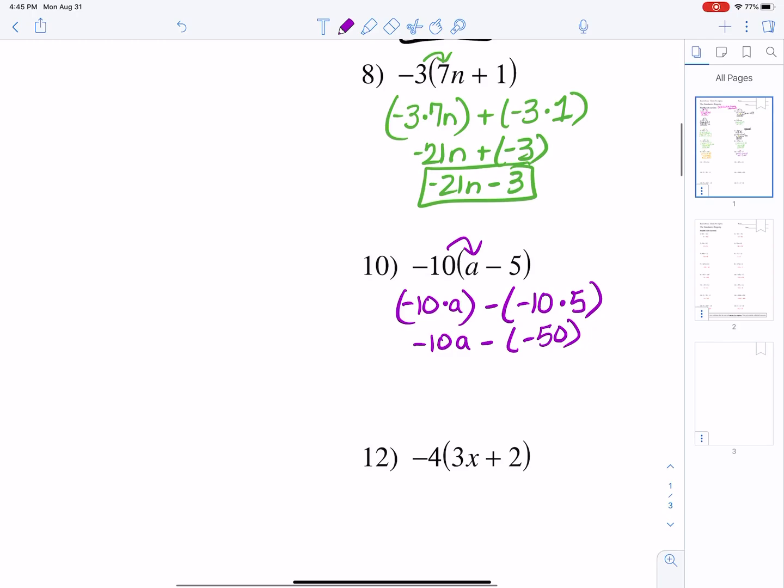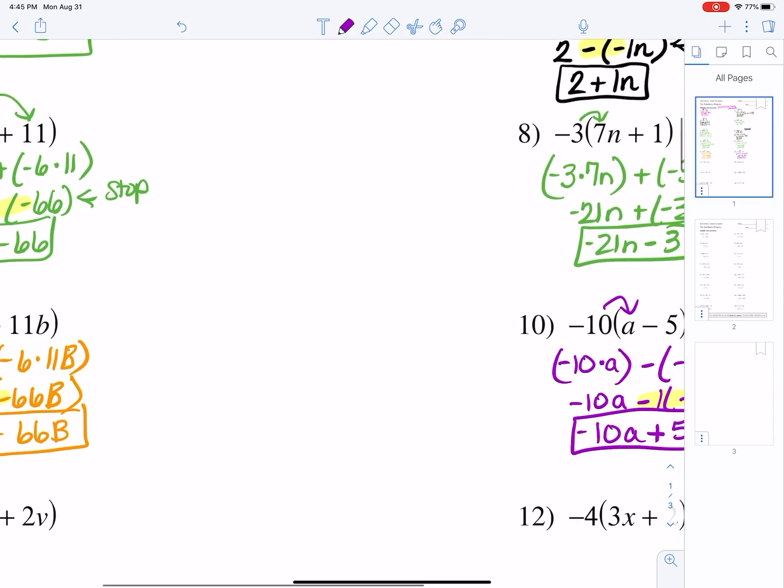When we put these two together, they are not opposite signs. Since I am multiplying by -1, you're going to end up with -10a plus 50. All right. Main thing, we are distributing.